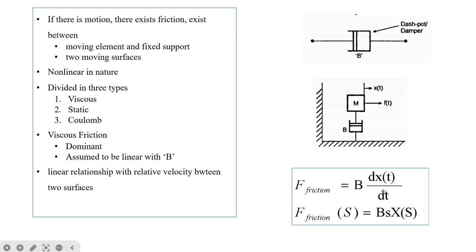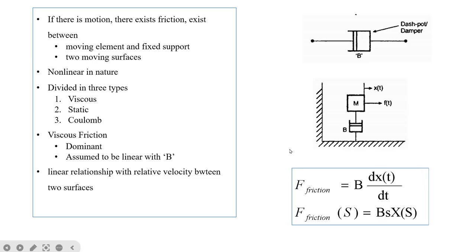This dx of t by dt is nothing but the velocity, because x of t is your displacement and the differentiation of the displacement is the velocity. So along with the dashpot, you will always get the velocity, that is dx of t by dt. Now if you take the Laplace of this, it will be F of s is equal to B into s into X of s.